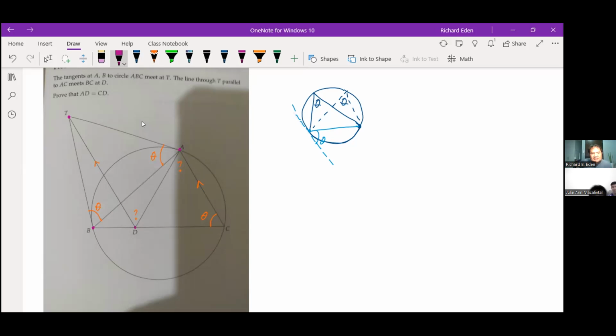Similar triangles, BD and BCA, and the intersection. Oh wait, that's already it. I did it. Because of the parallel lines, BDT is congruent to theta. Yes, BDT is theta.